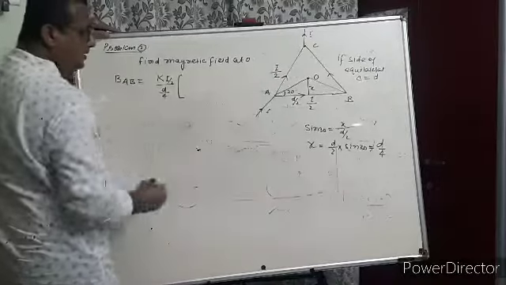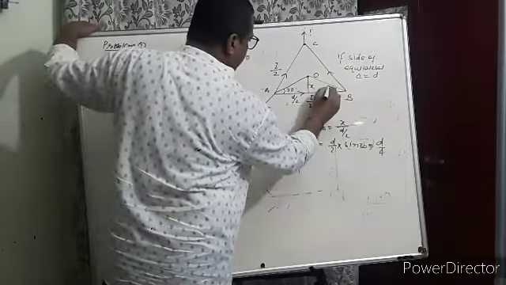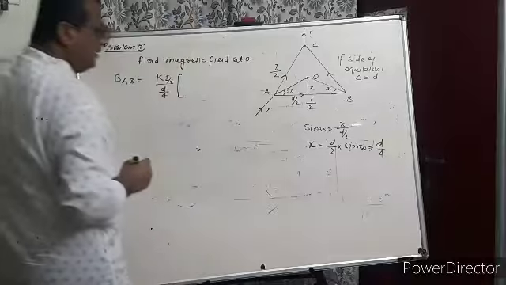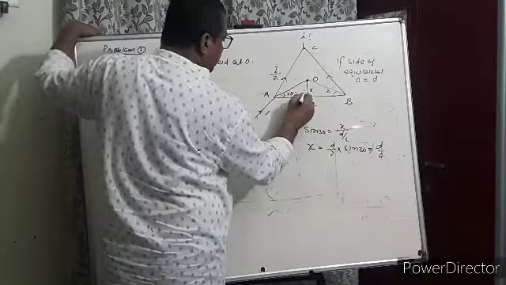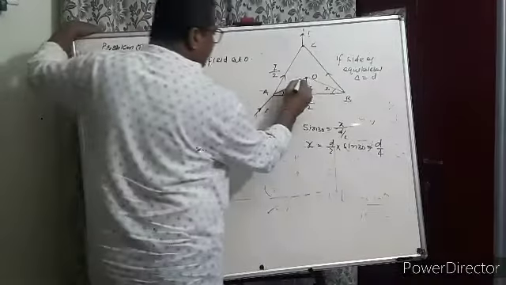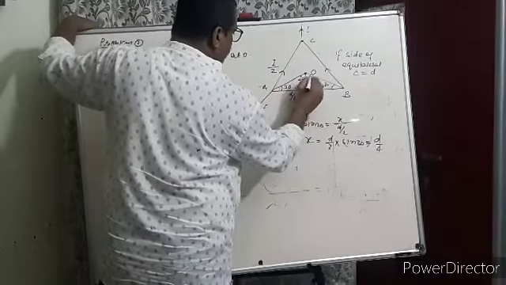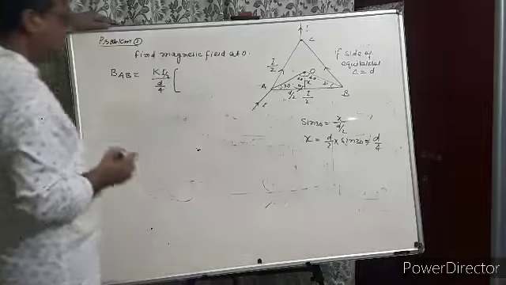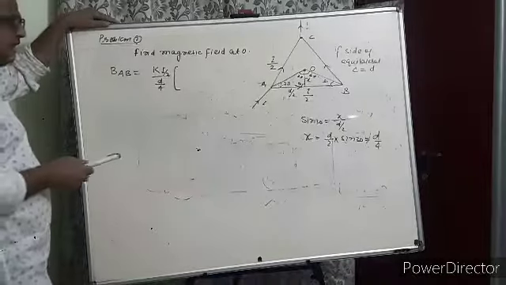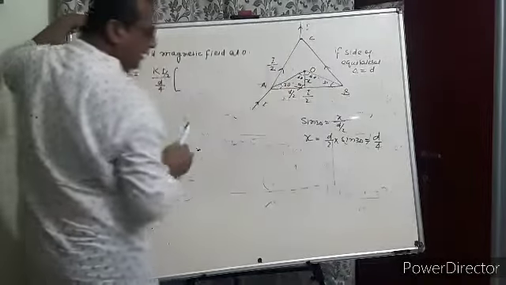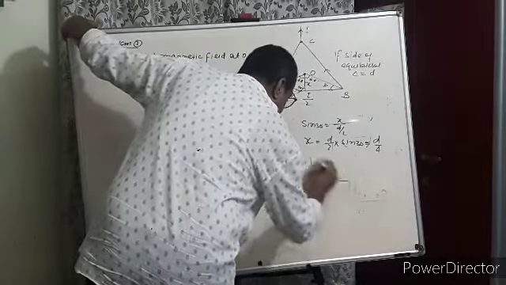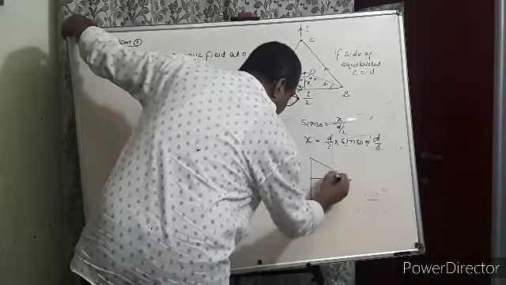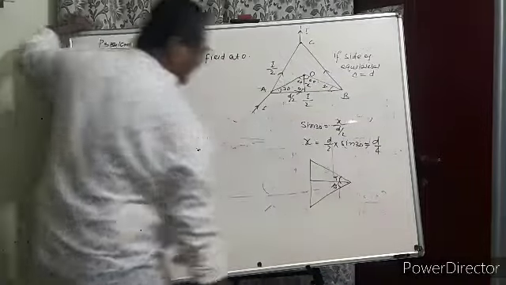Here this is 30 and this is 30, and this angle is 90. So this will be 60, and this will also be 60. So we have to take sin alpha plus sin beta, because we have the formula this time. This is alpha, this is beta.